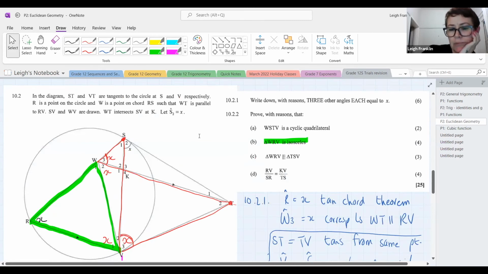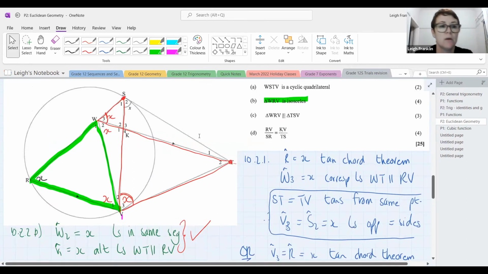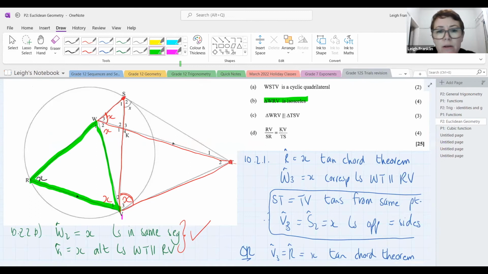Okay, let's do C. All right, so now they want us to prove the triangle WRV, which we have already highlighted in green, so let's highlight this in green, is similar to triangle TSV. So let's do TSV in yellow. So TSV is this triangle over here.